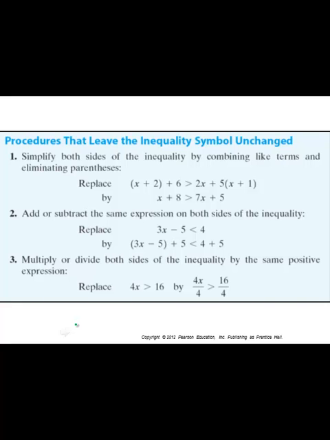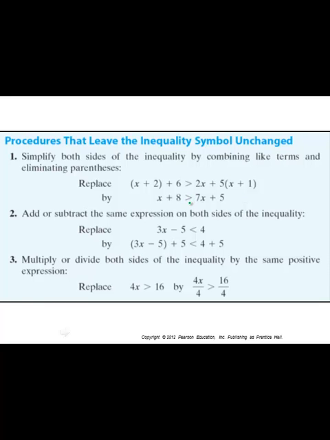All right, moving along here. So we're going to talk about solving inequalities here by basically going through the same sort of process that we did with equations. You can rewrite your inequality by a sequence of equivalent inequalities by adding the same amount to both sides, subtracting the same amount from both sides, multiplying both sides by the same number.